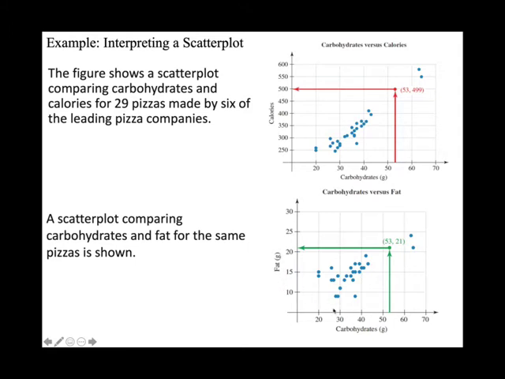Again, on your x-axis is the carbohydrates, and the y-axis is going to be the fat. For example, if I have 20 grams of carbohydrates, I have 50 grams of fat. It depends on the pizza, made by which pizza company.